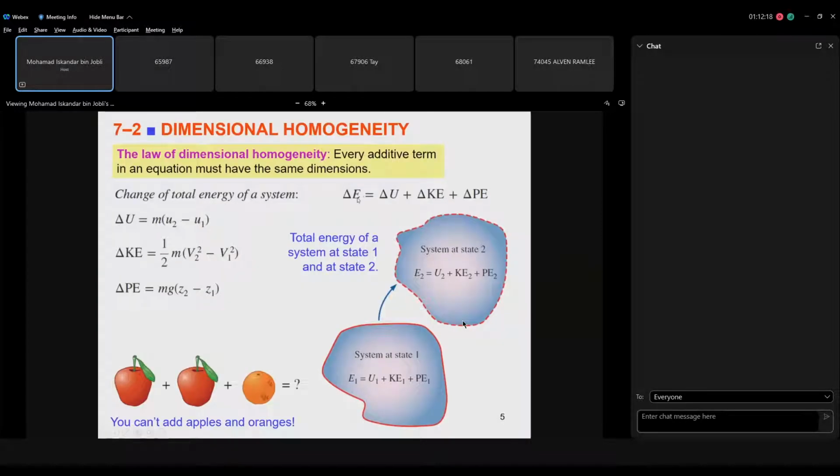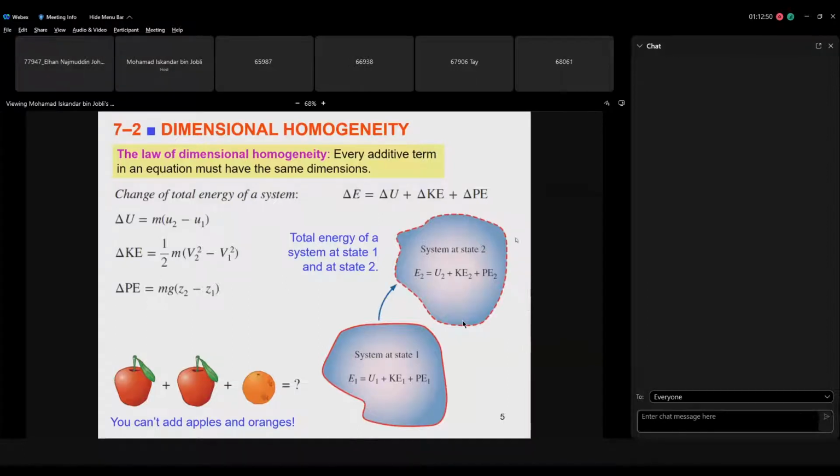You have this: a change of energy equals the change of internal energy plus the change of kinetic energy plus the change of potential energy. Now, where have you seen this equation from, fellas? Can anyone tell me what this equation represents?